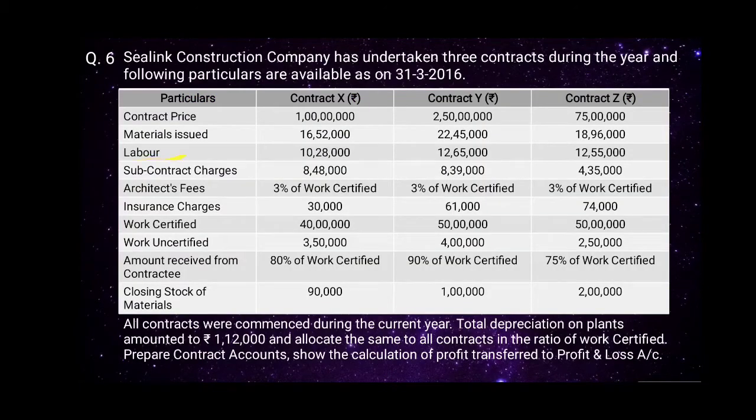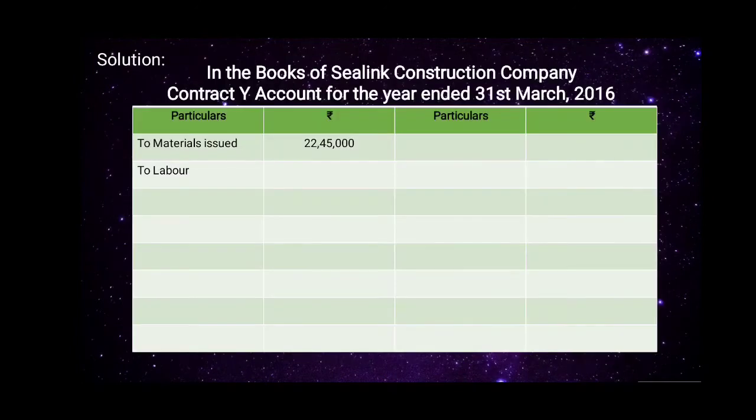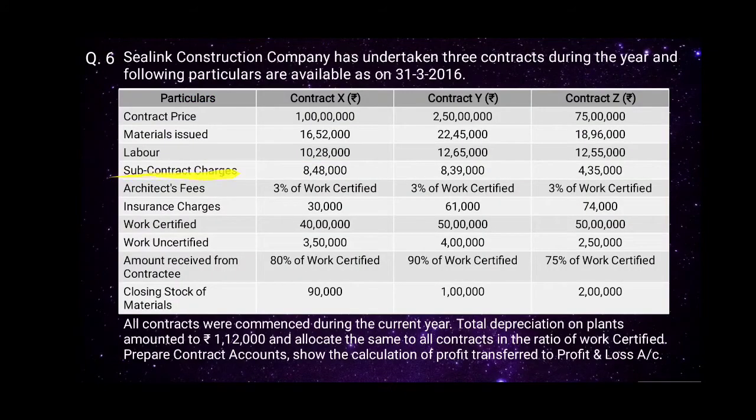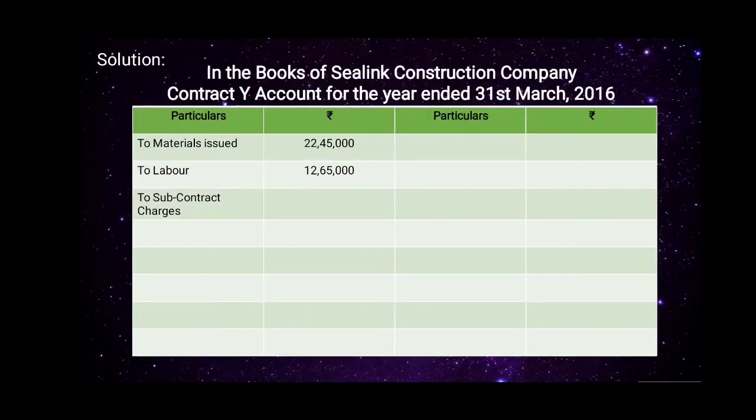Next, labor amount for contract Y is given as 12,65,000. So we'll record it on the debit side. To labor, amount is 12,65,000. Next, subcontract charges for contract Y, amount is given as 8,39,000. So we'll record it.